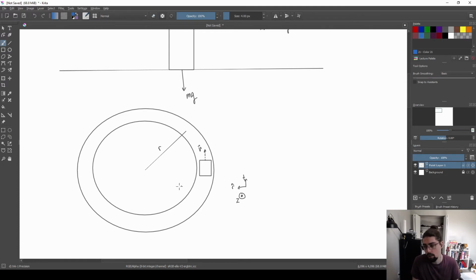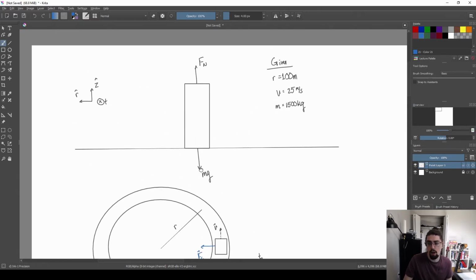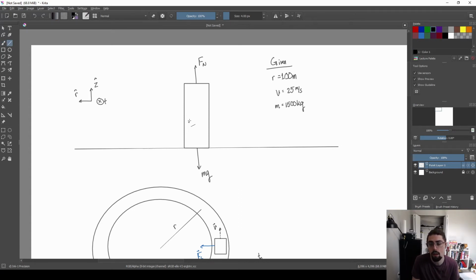So let me label this thing in blue. I know there must be something like this. Call it F of C for now. I know it has to be there. But what actually causes that? Well, I would probably prefer to fly to the outside or keep going in a straight line. So if I'm going to be turning, then what needs to be providing that force is going to be static friction between the tires and the road.